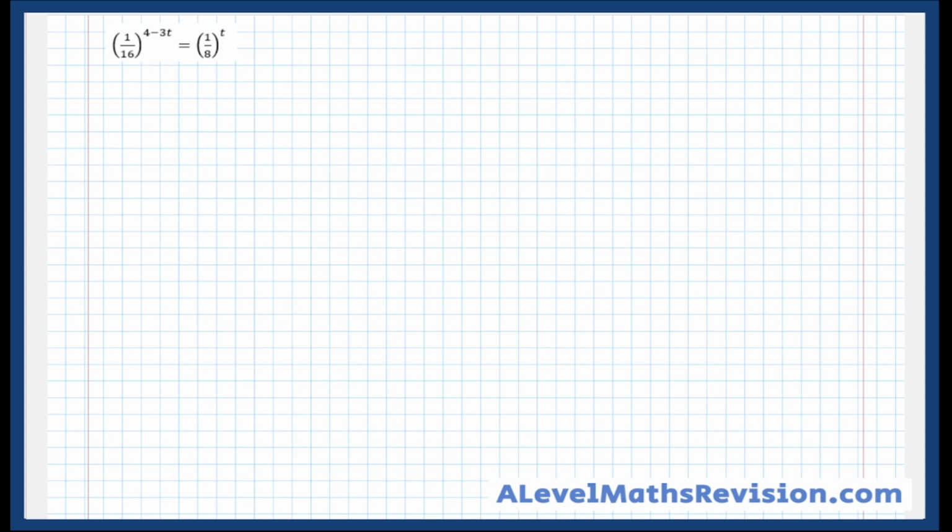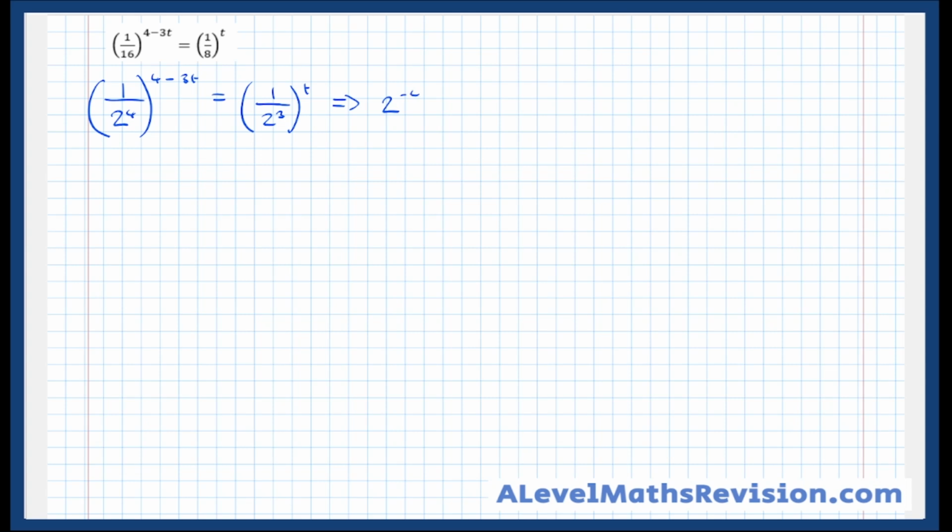We can see that both 16 and 8 are powers of 2. So that becomes 1 over 2 to the 4, to the power of 4 minus 3t, which is equal to 1 over 2 cubed to the power of t. And we can see both of those are reciprocals.